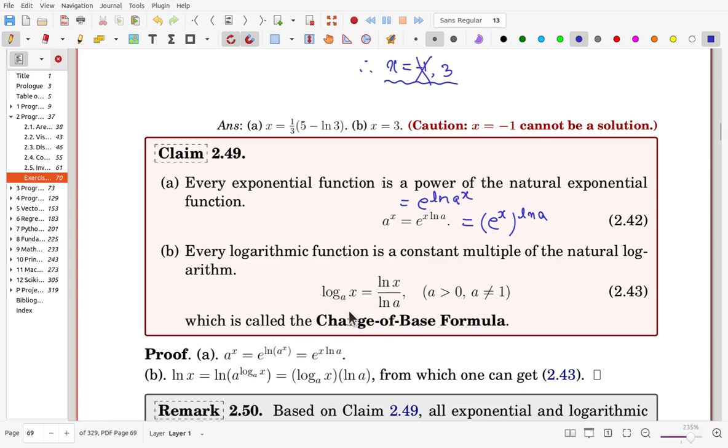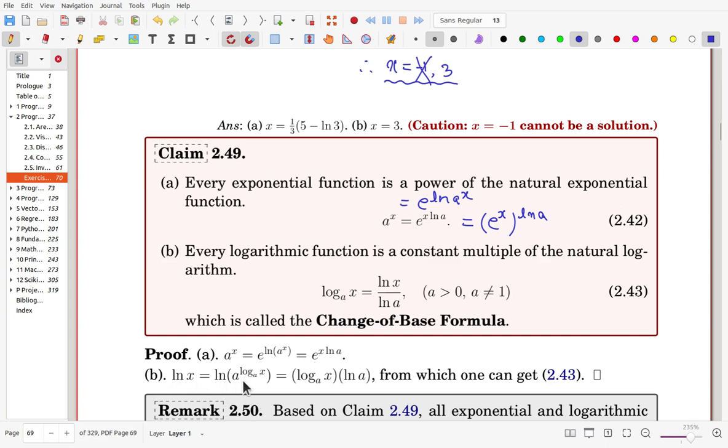Log base a of x can be written in this way: natural logarithm of x over natural logarithm of a. This formula is called the change of base formula. It can be proved quite easily. We start with the natural logarithm of x. That can be written in this way.